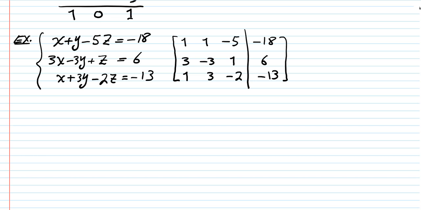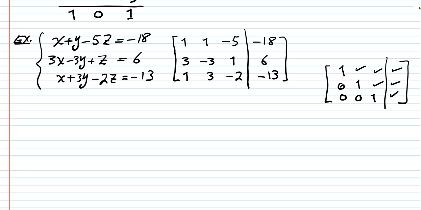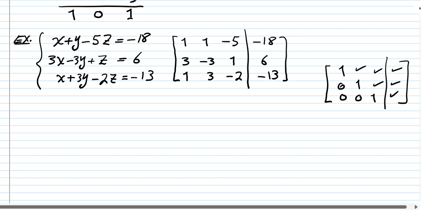All right. And there is the augmented matrix. Now we need to proceed. The final product we're looking for is 1, 0, 0, 1, 0, 1, number, number, number, like that. Okay, so this is the pattern we're looking for. Now, as far as how we're going to create this, this is the path that we usually choose going through this process.